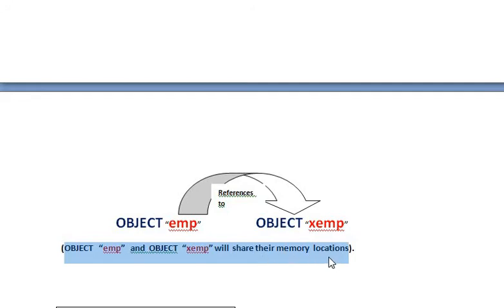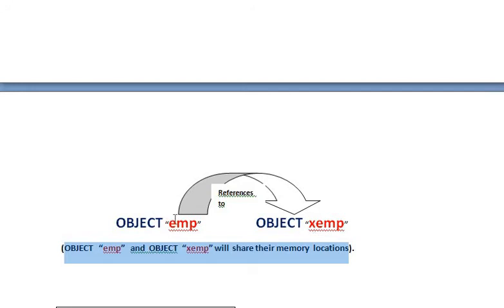Now sharing the memory location gives us some idea that both these objects denote the same entity. Because if they were different entities, then they would have taken different memory locations. But now they are not utilizing different memory locations. They are actually sharing their memory locations.